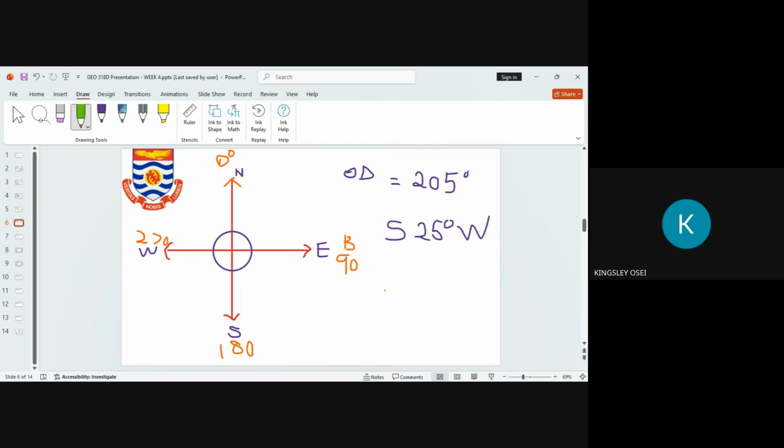The line is called QT. The bearing in quadrantal notation is north 38 degrees west.